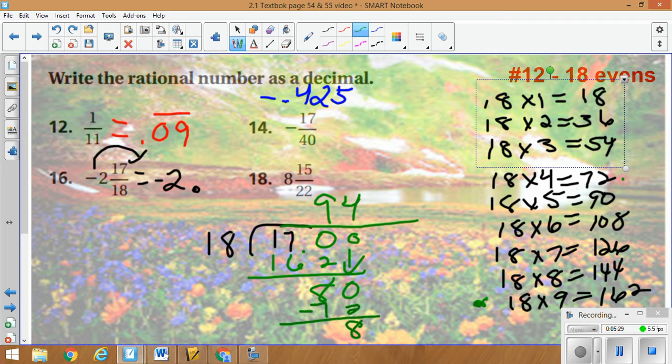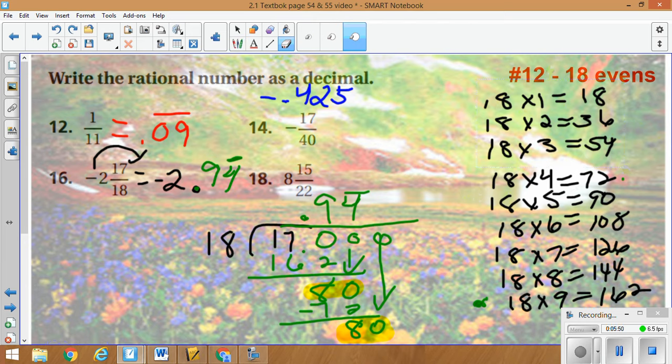There's 8 left over. So if you notice, if I add another 0 and bring down, we get 80 again, and we're going to repeat again. So my solution is going to be decimal straight up, negative 2 and 94 hundredths with the bar over the 4. Okay, if you need any of this work on the screen, please pause now because I will be deleting to make some room.